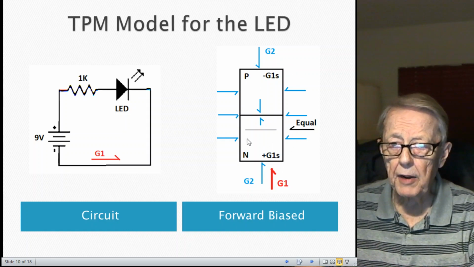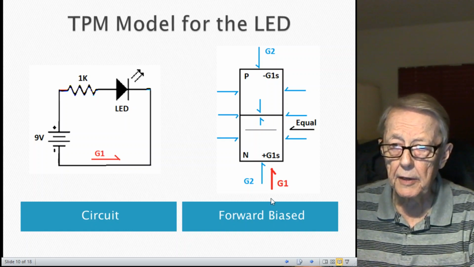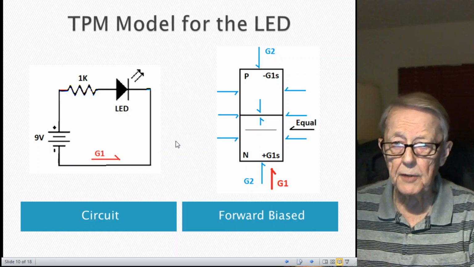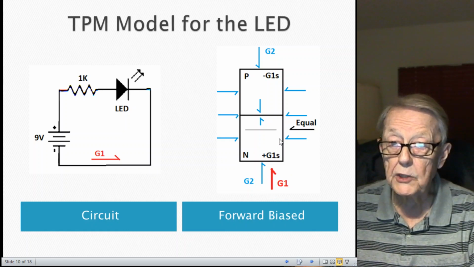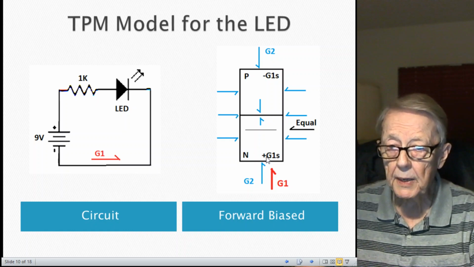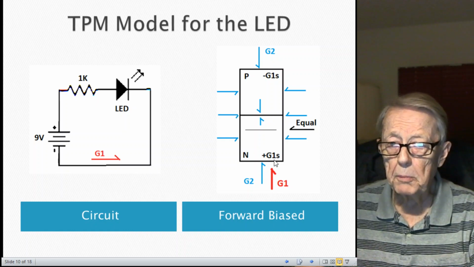This is a diagram that shows the LED forward bias. It's not because of plus and minus. It's the direction of the flow of the G1. And when it's forward bias, it has to overcome this force. There's a net force pushing backwards.